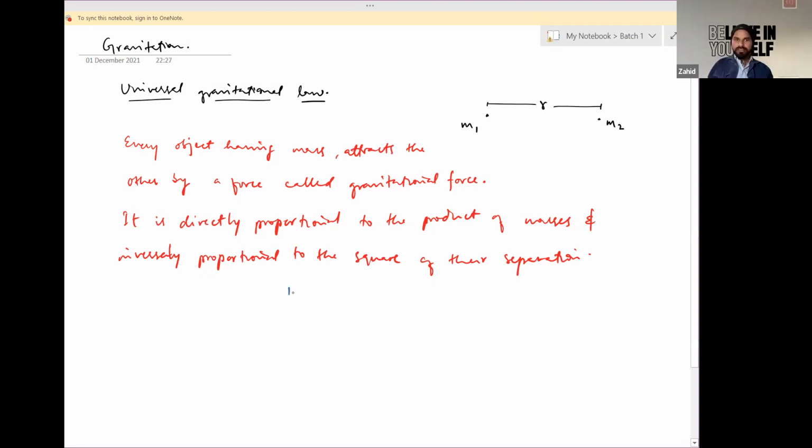So gravitational force F is directly proportional to m1 m2, and is also inversely proportional to the square of separation between them.